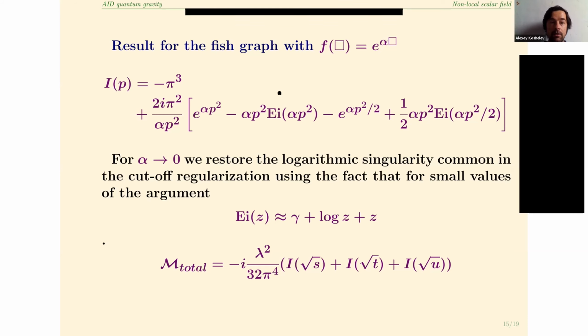So this will restore logarithm of p squared, and also here we will obtain logarithm of p squared, and as such we will restore explicitly the logarithmic divergence as it should be in the cutoff method, because in some sense this form factor plays the role of the cutoff after a box becomes greater than 1 over alpha. As such, it looks like we have obtained a result which satisfies at least some, let's say, boundary checks.